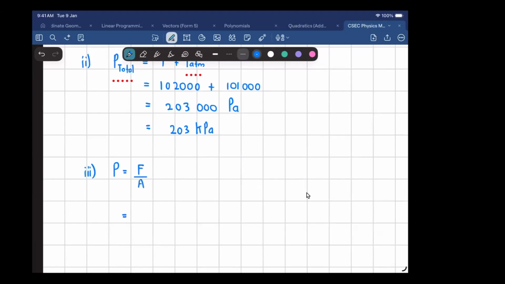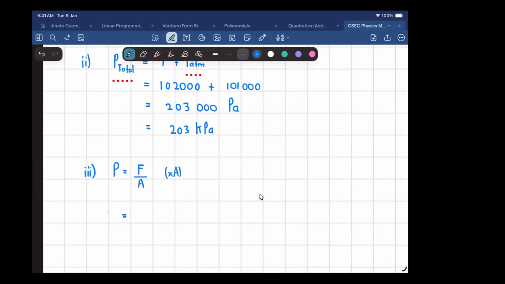So we actually need to find force. So we need to make F the subject of the formula. How are we going to do that? Tell me, Shayna, how am I going to make force the subject of the formula? Multiplying both sides by A. Right.